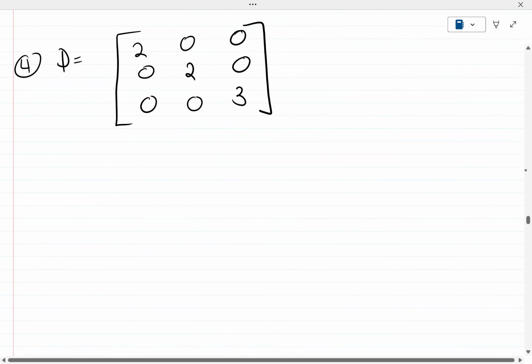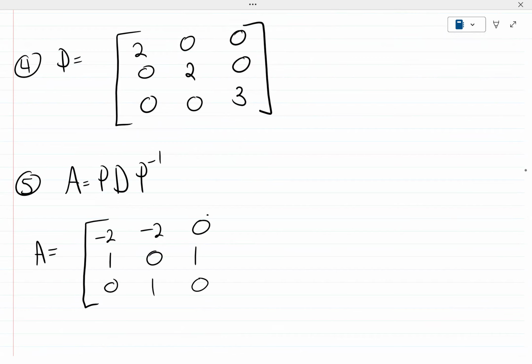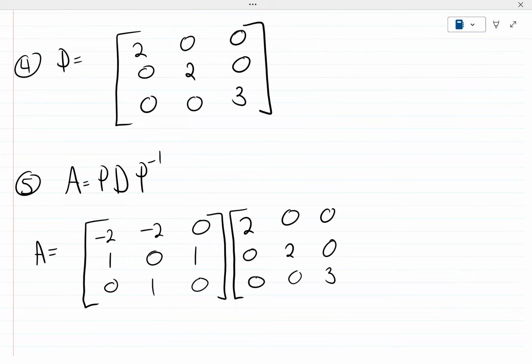Okay, step 5. My A is going to be P D P inverse. So A is going to equal -2, 1, 0, -2, 0, 1, 0, 1, 0, and then this is going to be 2, 0, 0, 0, 2, 0, 0, 0, 3.